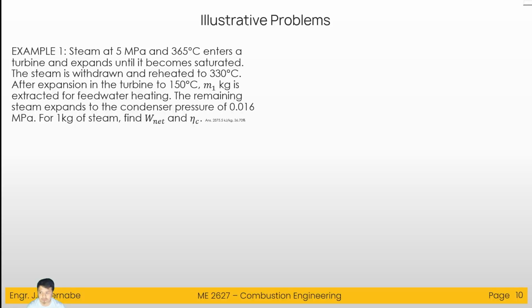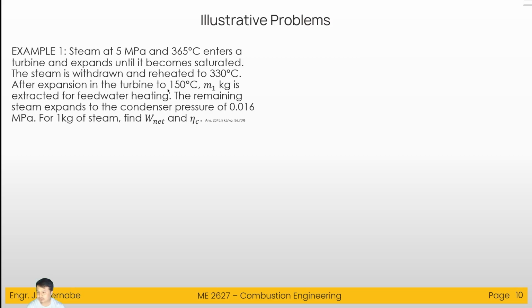Okay, hi everyone. So for our first example for the reheat regenerative cycle, we have the given steam at 5 megapascals and 365 degrees Celsius that enters the turbine. It will be expanded until it becomes saturated. The steam is withdrawn and reheated at 330 degrees Celsius.